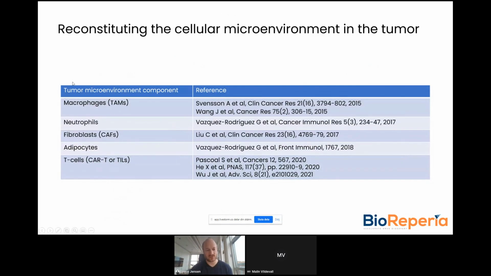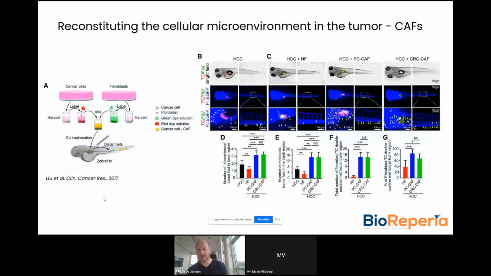First, I will show you a few examples of how the effects of macrophages and neutrophils and also fibroblasts in the tumor microenvironment have contributed to the understanding of the role of these cells and how pro-tumorigenic pathways elicited by these aspects of the tumor microenvironment can be targeted therapeutically.